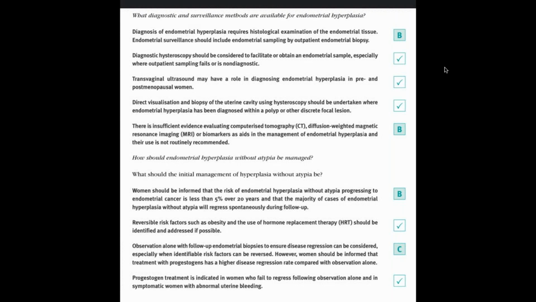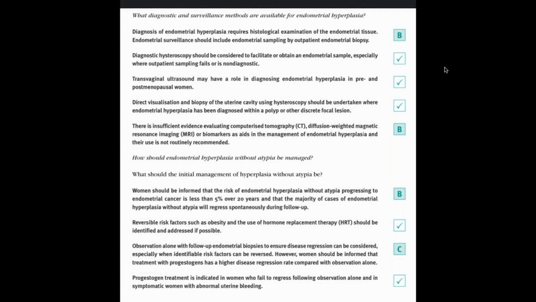Okay, what should the initial management of hyperplasia without atypia be? So women should be informed. Whenever in a guideline you see that line where they tell you the woman should be informed or should be told or should be aware of, that means you have to mention that information to the patient during your counseling.